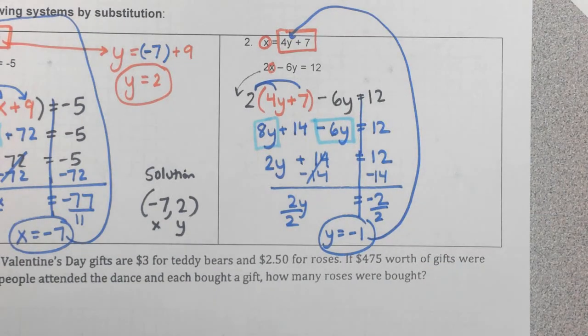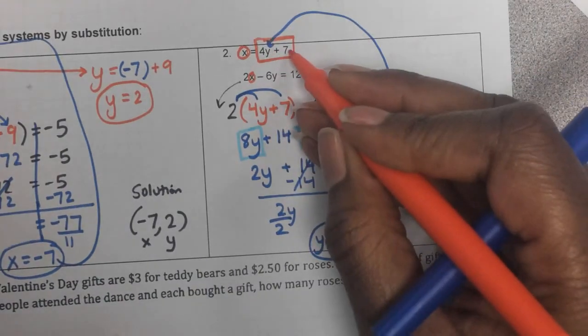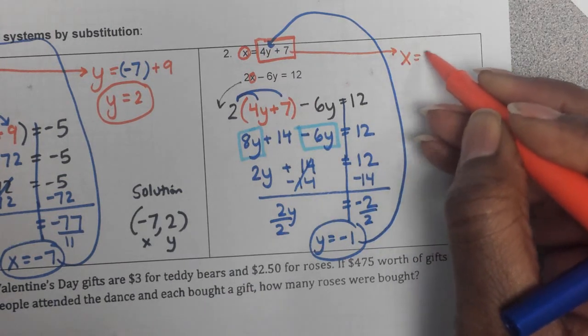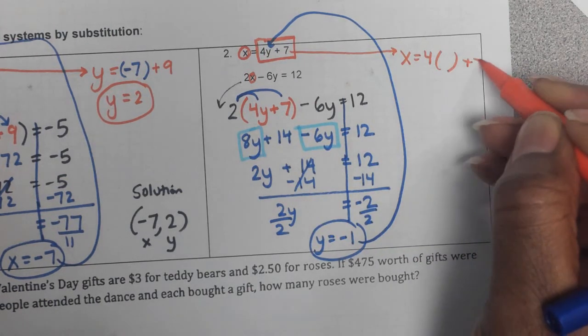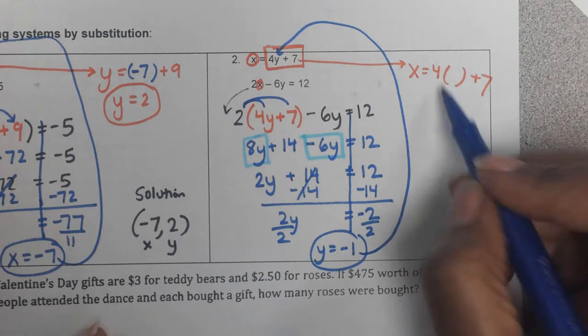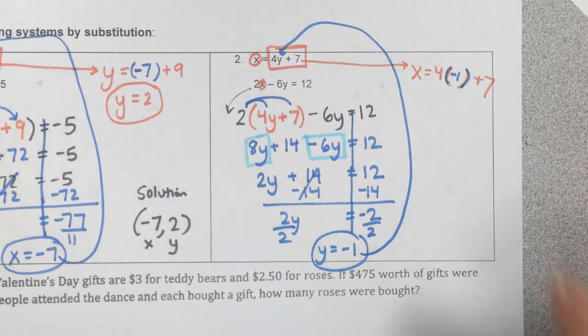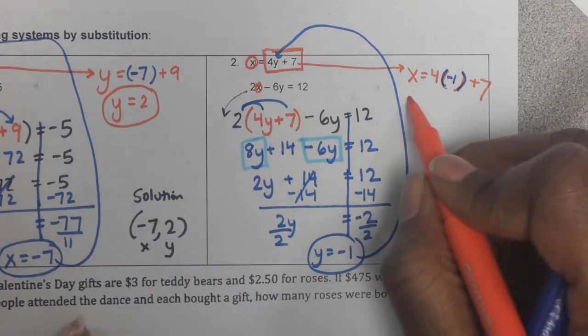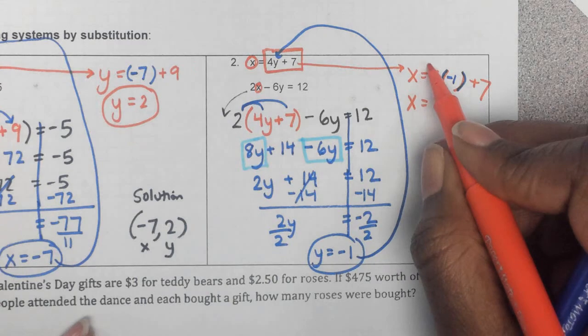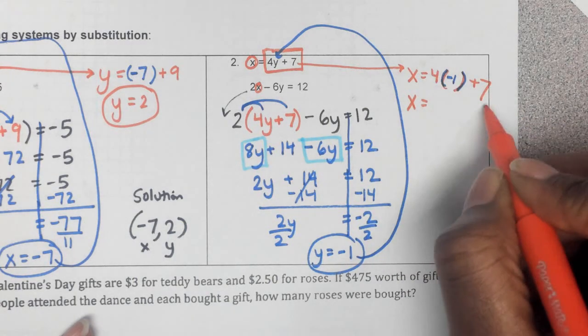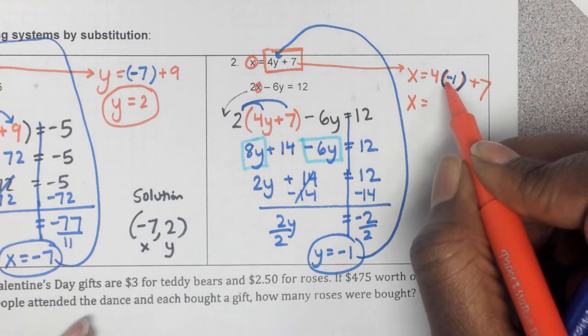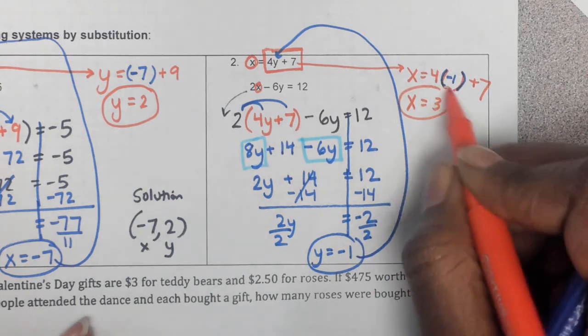So I'm plugging a -1 into the y spot. I'm plugging in a -1 in this spot. So then I can see what x equals. And x equals, you can plug this in the calculator, or -4 plus 7, it should be 3.